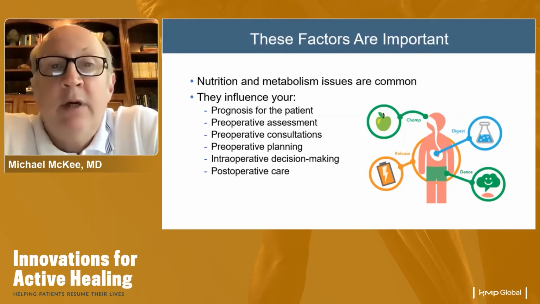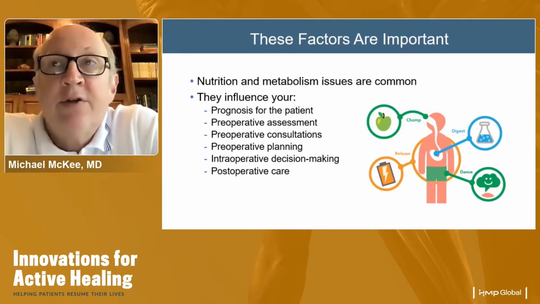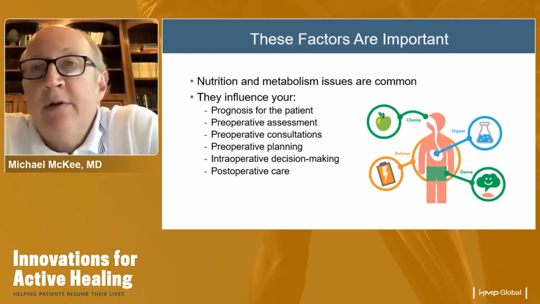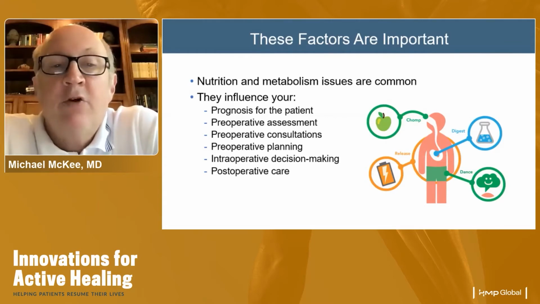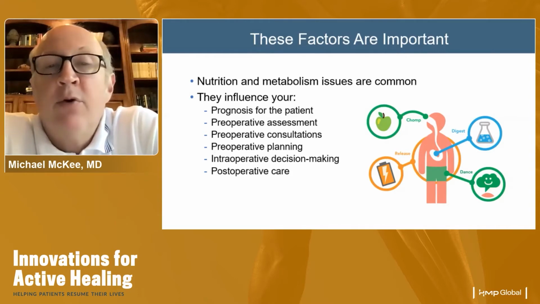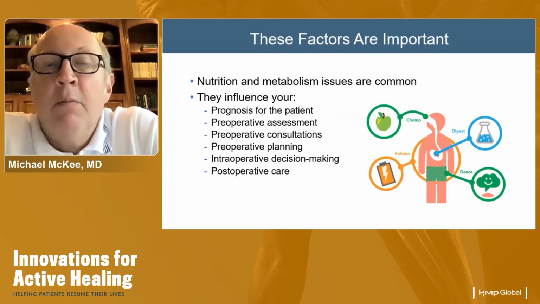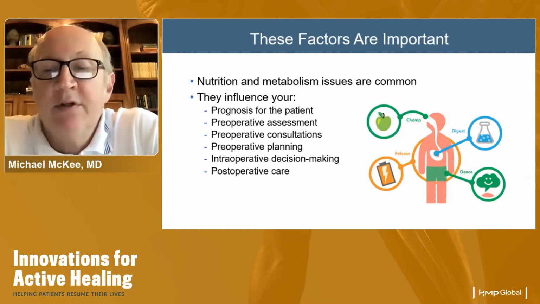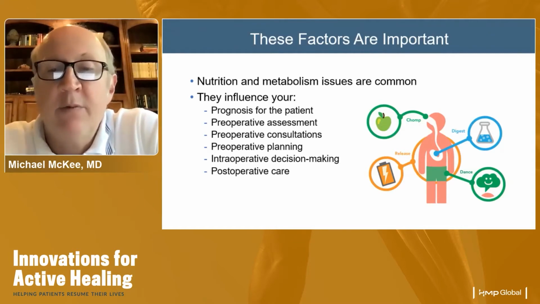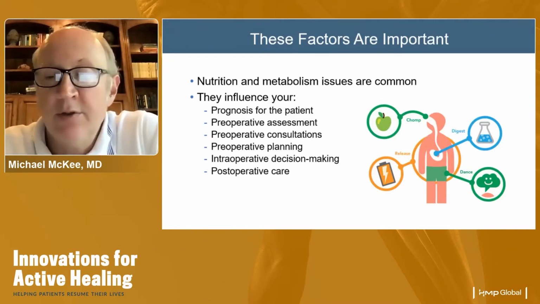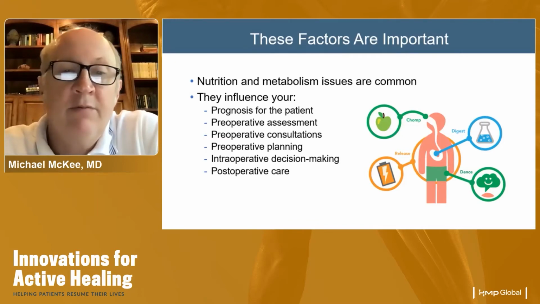It may mean that you have to add biology at the fracture site for someone who has tenuous metabolism or tenuous nutrition, intraoperative decision-making, what you find during the surgery, and post-operative care. And there are actually papers that support all of these different factors when it comes to nutrition and metabolism. And only now are we becoming really much more aware of the importance of nutrition and metabolism for some of the fractures that we fix and some of the non-unions that we see that result.